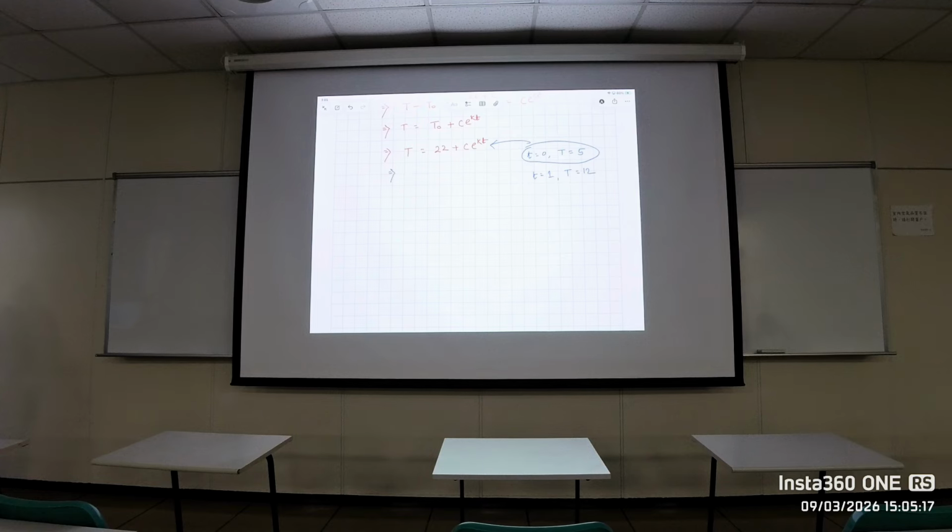So I can rewrite this one as 5 is equal to 22 plus c e to the power k into 0.